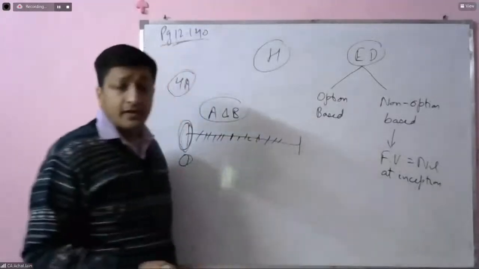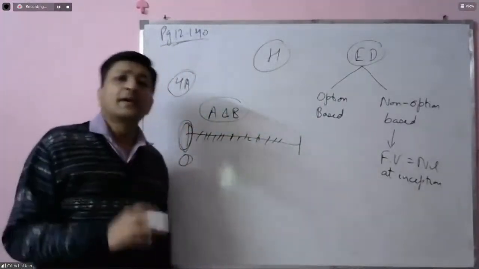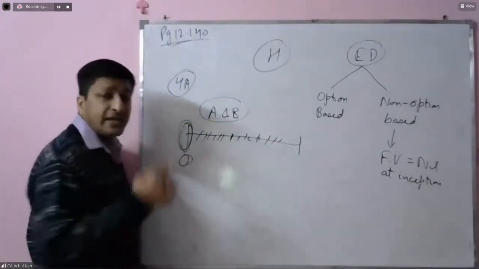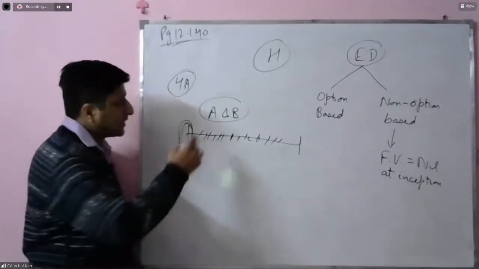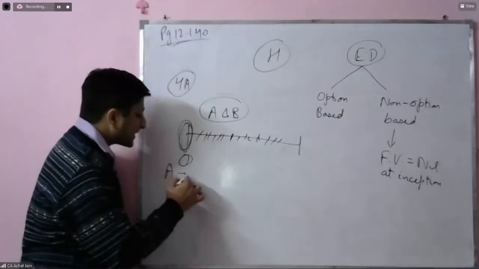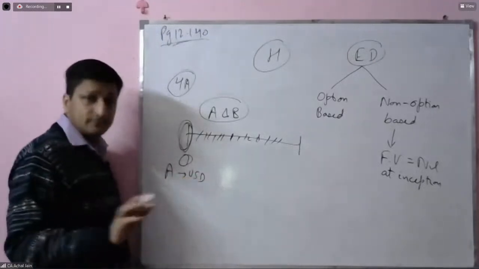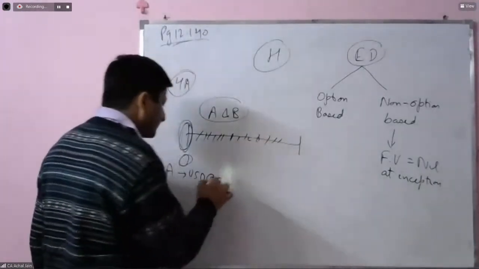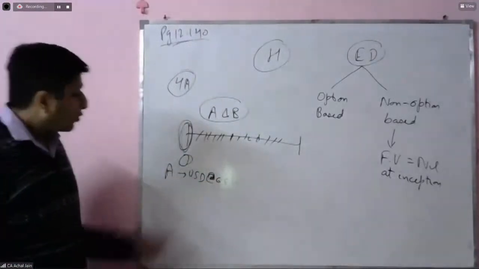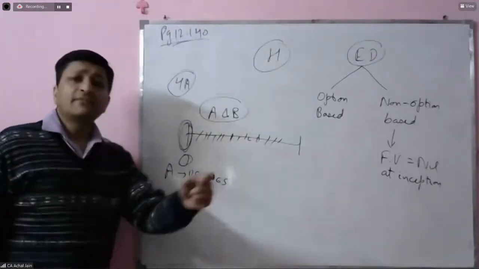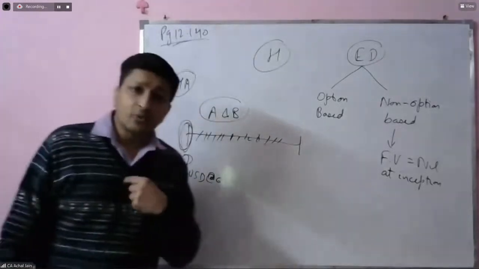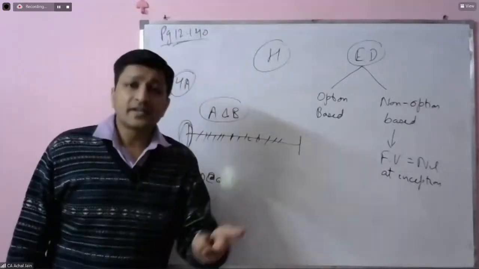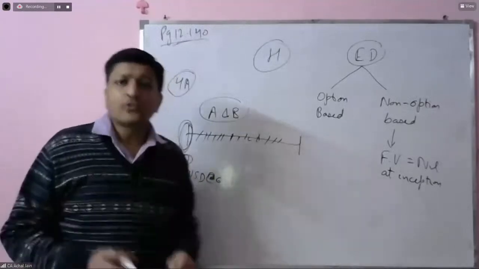Though once again, over the period, this contract may become beneficial for the other party. Let's understand why. Say for example, when A and B entered into a contract on day zero, A said that I will sell you USD after 6 months at 65. On this date, A is trying to cover its risk, and B is also trying to cover his risk by getting paid for this.